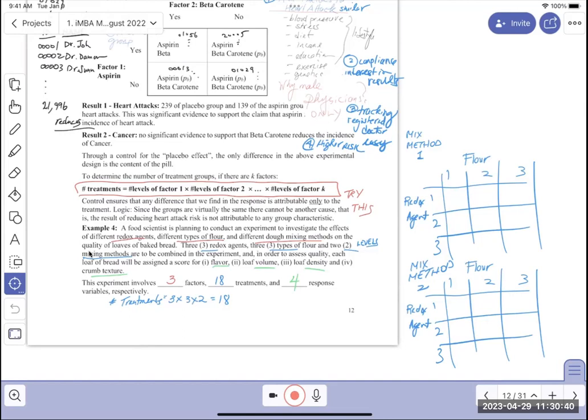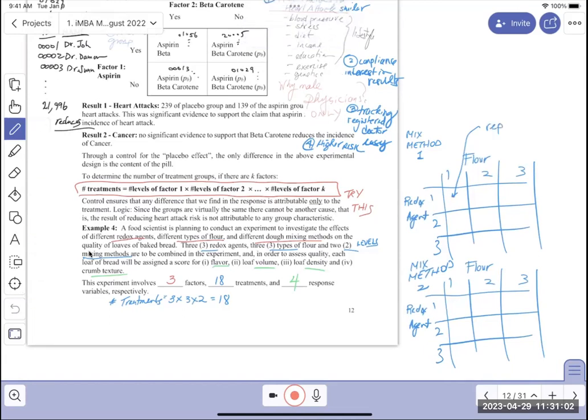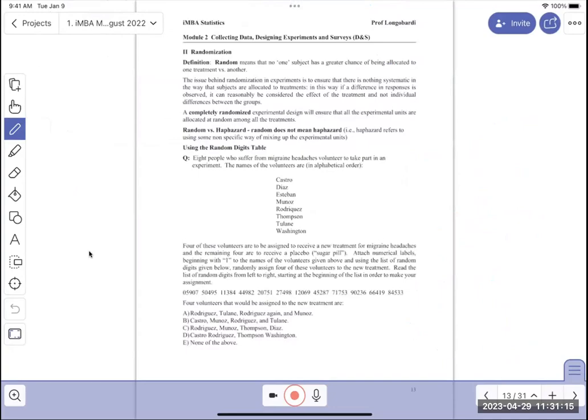So the point is just to make a few different loaves. Okay, so that's about control.